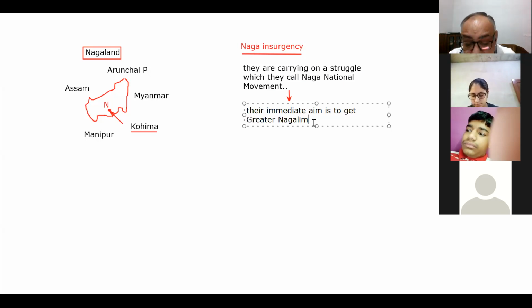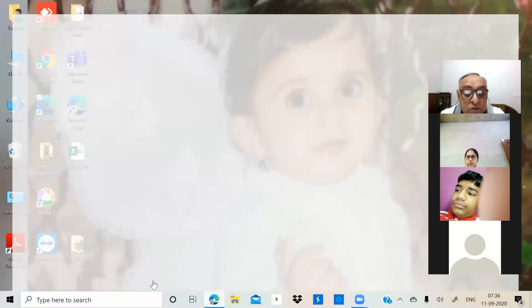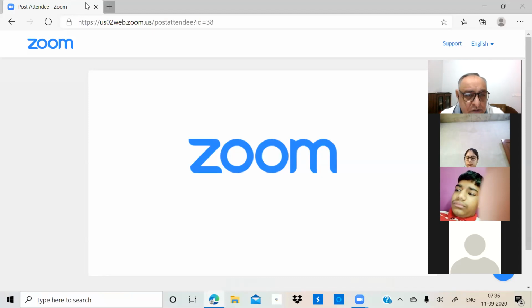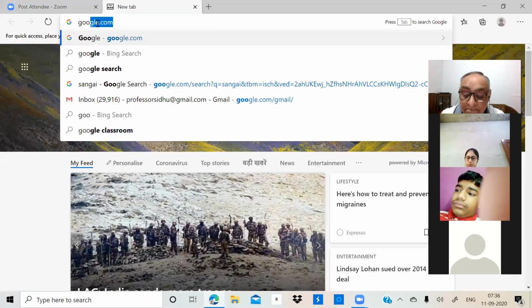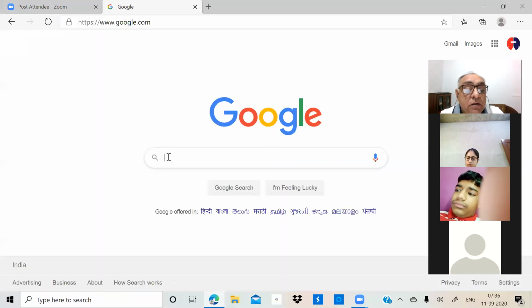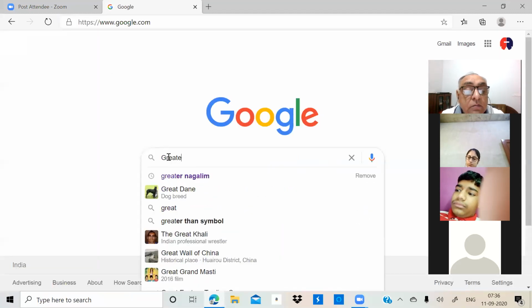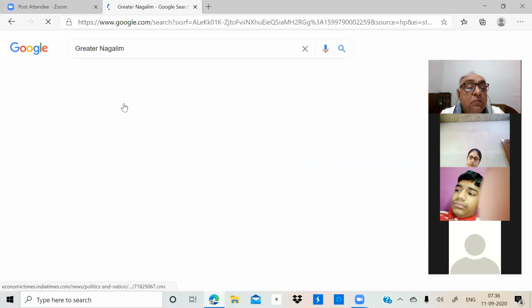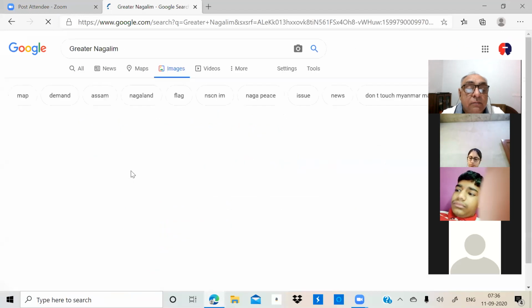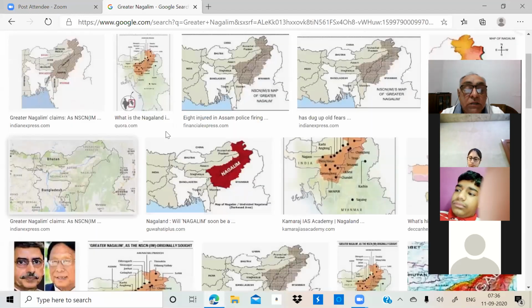So let me show you the map. It will take 1 minute because I will have to visit the website. So let me show you the map of Greater Nagaland.